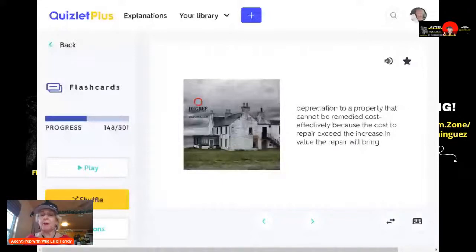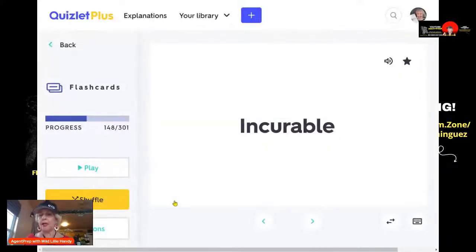Some of the repairs won't be cost effective. So even in an increasing market where property values are increasing, it's going to depend on what's around, right? Remember, location, condition. So they want to improve the condition. However, there's nothing we can do to the location if it has changed, if it has an impact on property value. So what would that be called? Incurable.